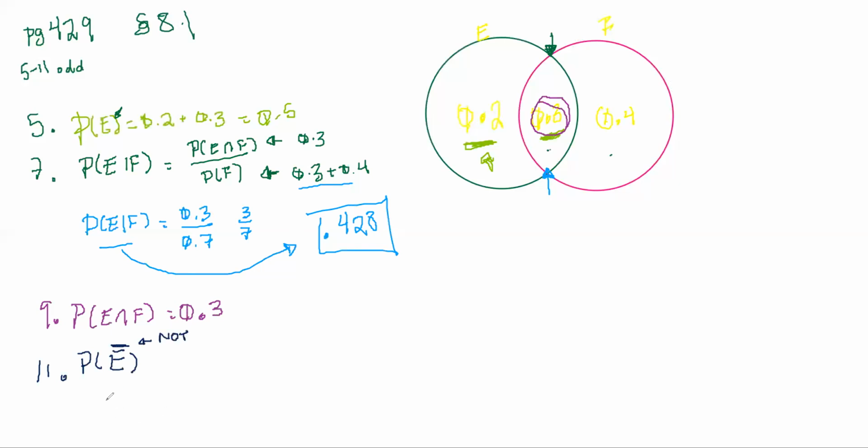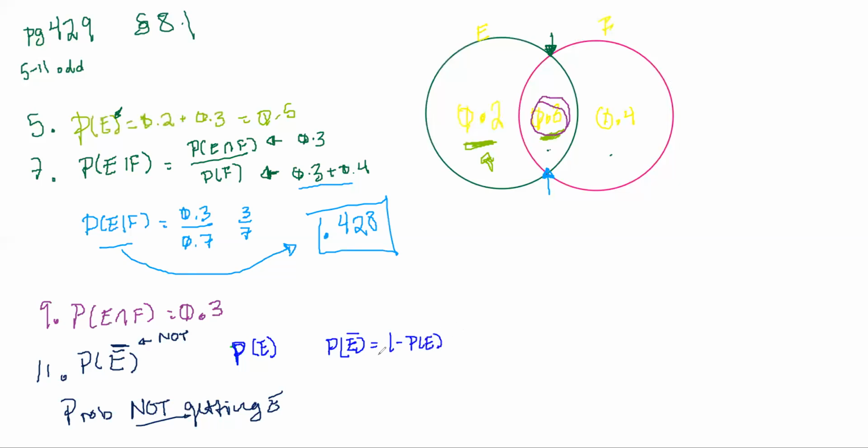So basically, we want to know the probability of not getting E. And the easiest way to do this, if you remember, is to say, okay, so I know the probability of getting E, and the probability of getting anything that's not E is the total probability of something happening, or 1, minus the probability of E. Ooh, that's a really ugly shade of green. I didn't mean to pick that.